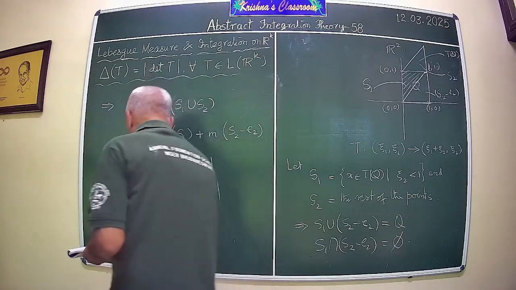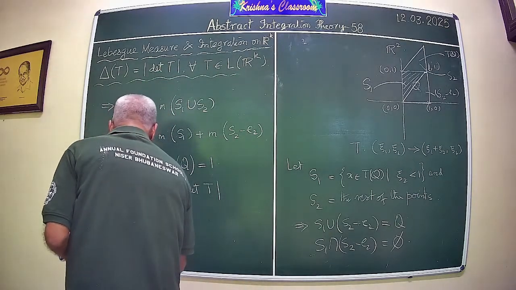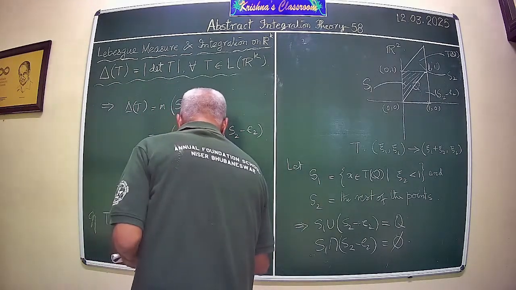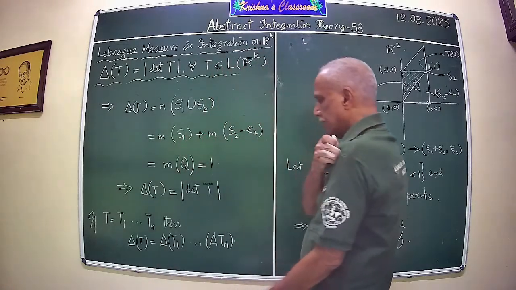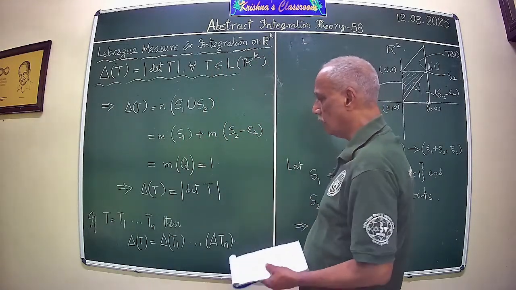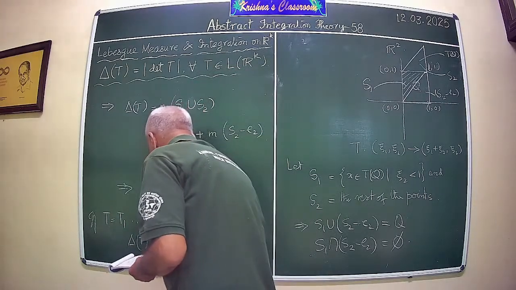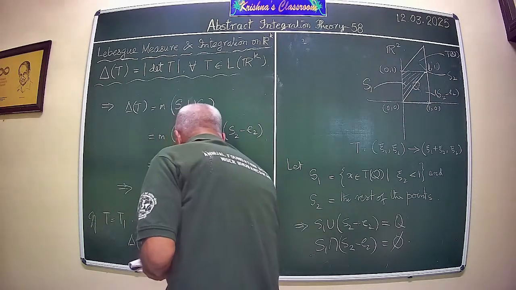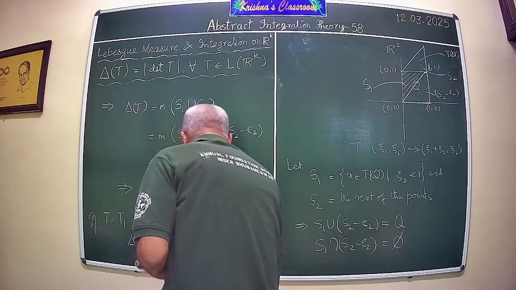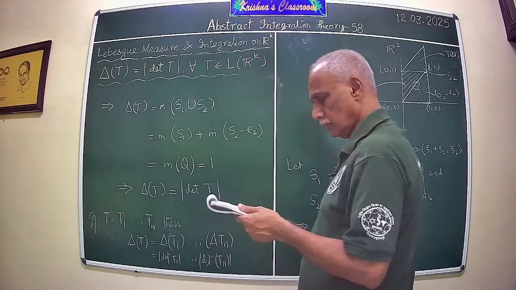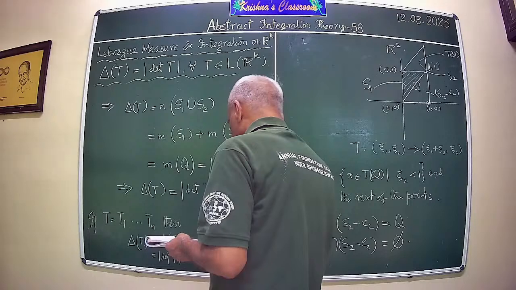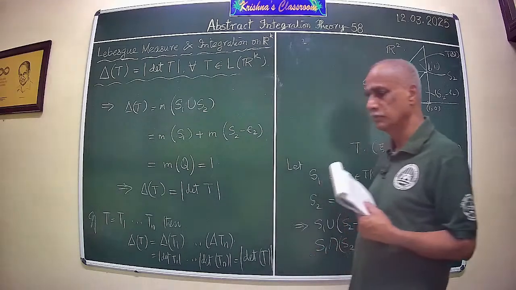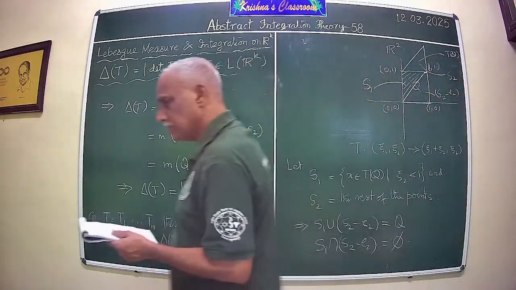Delta T equals the product of the n factors, and each one is equal to the modulus of the determinant of T. So that is what you get. That completes the proof of the theorem.